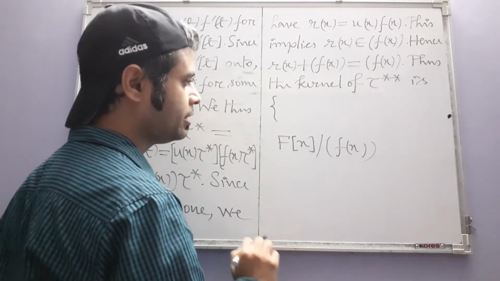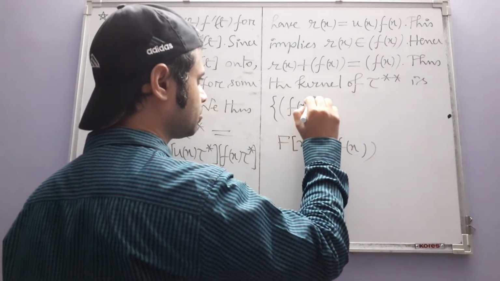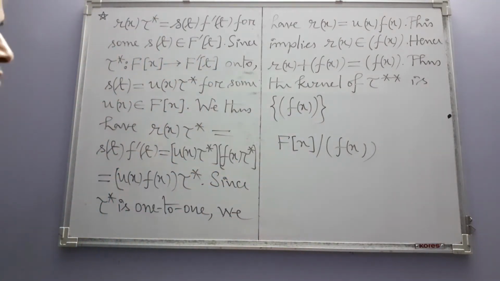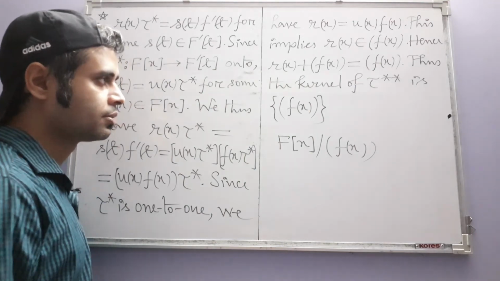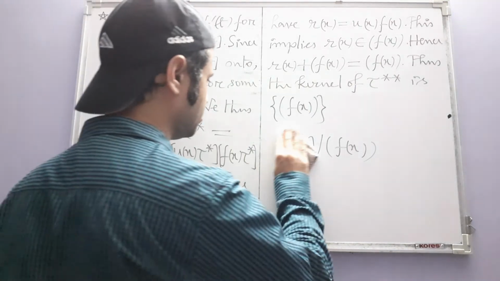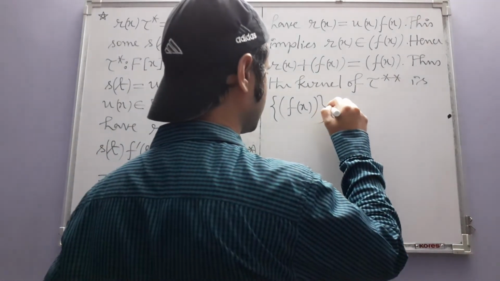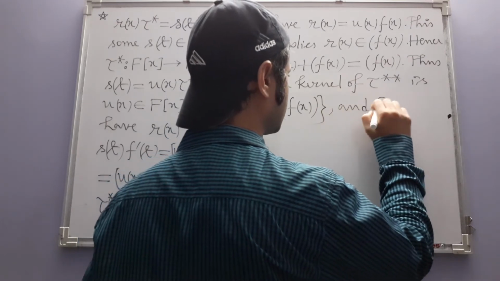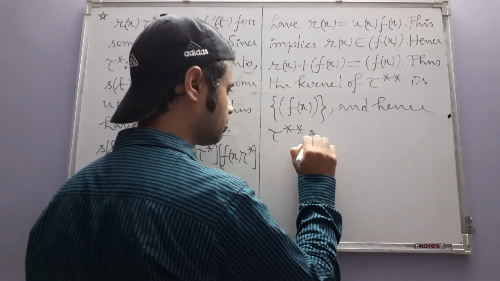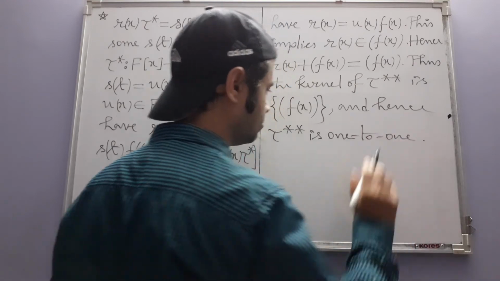And its only zero element is this ideal. This is the zero ideal, and that is why tau double star itself is 1 to 1. And hence it is 1 to 1 or injective.